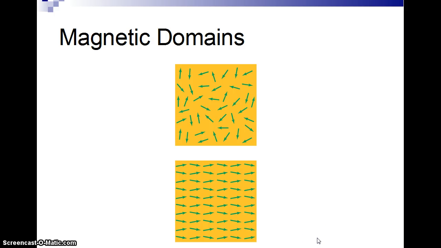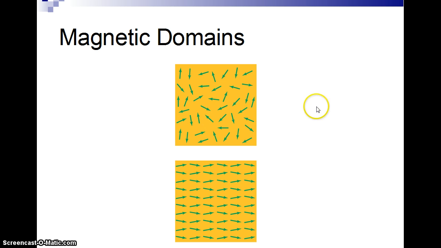And the last thing I want to talk about real quick is the generic idea. If you've ever done anything with regular alnico or steel magnets, normally iron, nickel, and cobalt, each individual atom has a magnetic field. In a normal piece of iron, all those individual magnetic domains are pointing in all given directions.